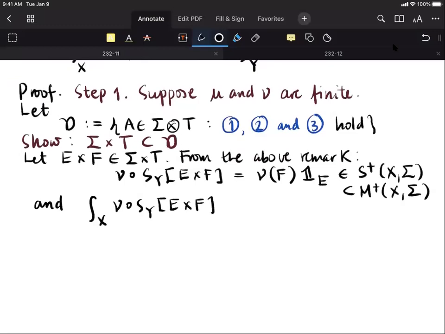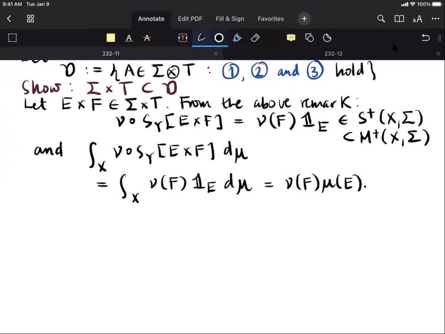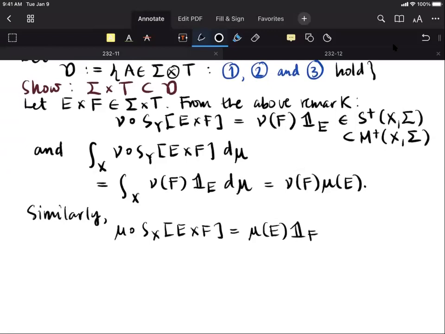Being a simple function, we know that the integral is, so you take the coefficient, that's the measure of F, times the measure of E. And in a similar manner, you can show that mu, composition with the section on x of the Cartesian product of E and F, is the same as mu of E times the characteristic function of F, and this is a simple function in y, hence a measurable function.